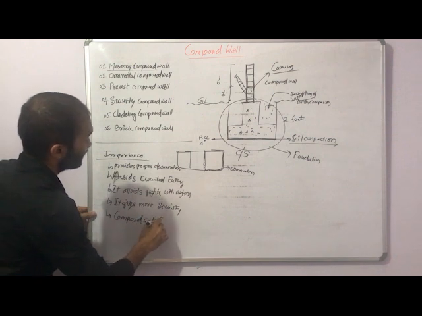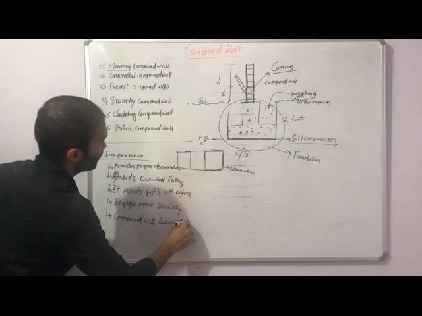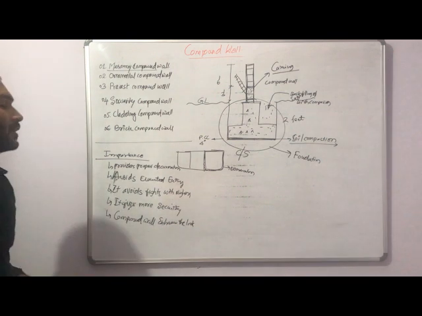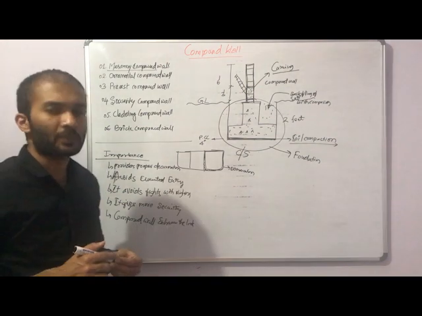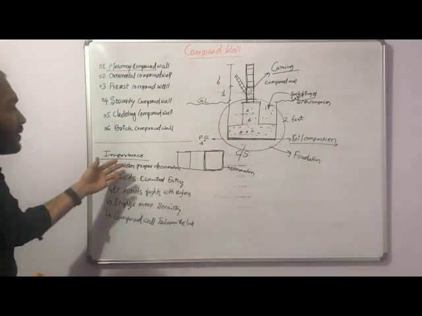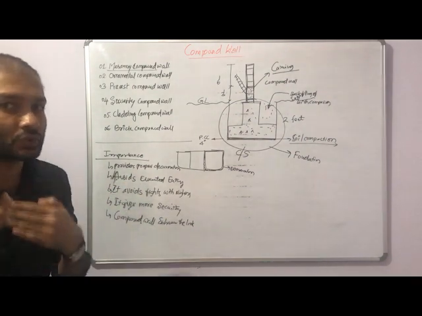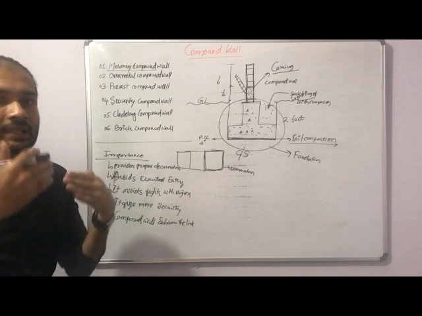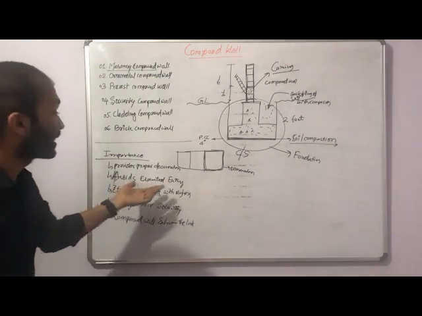And importantly, the compound wall enhances the look of the building. We have seen around 3-5 importance. It provides proper demarcation on the earth, showing where exactly your property lies on the actual ground, and it avoids unwanted entry.